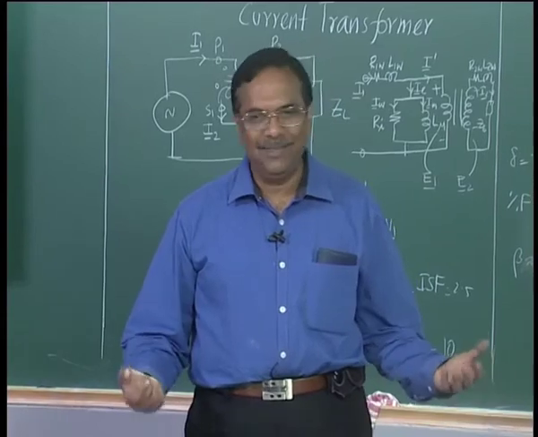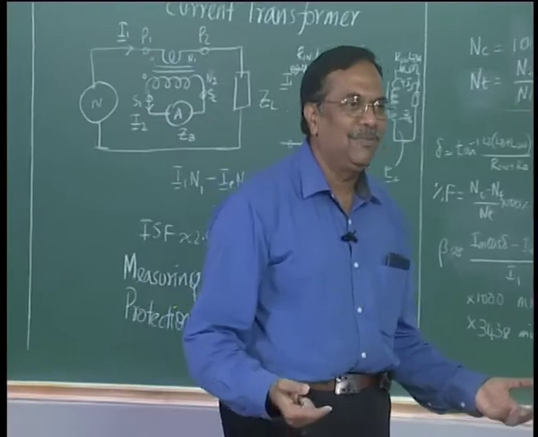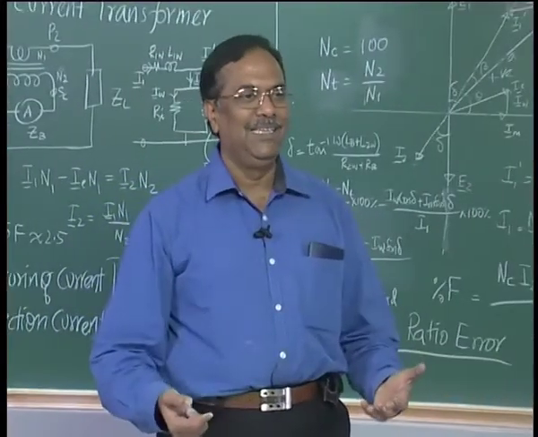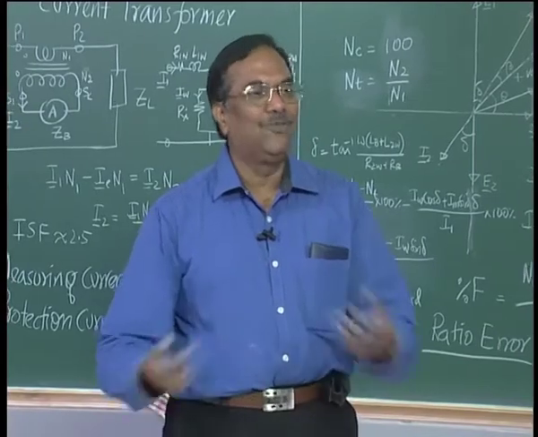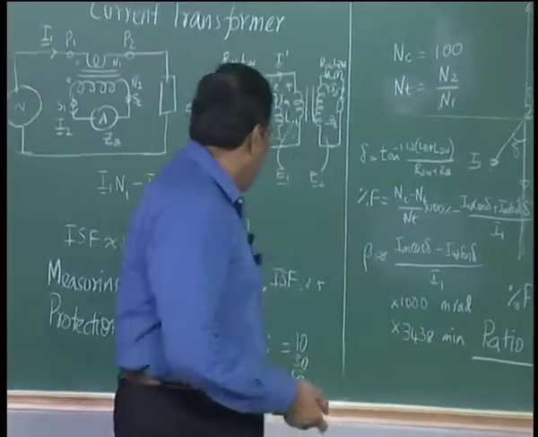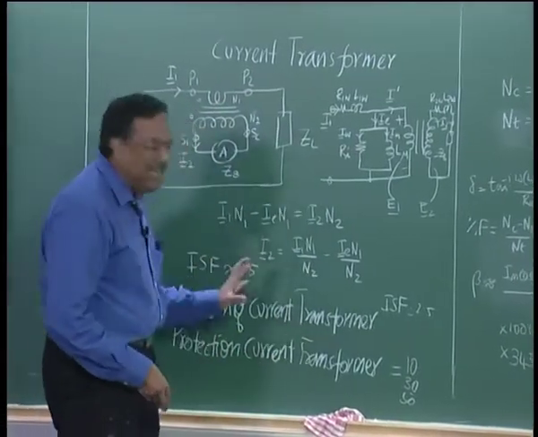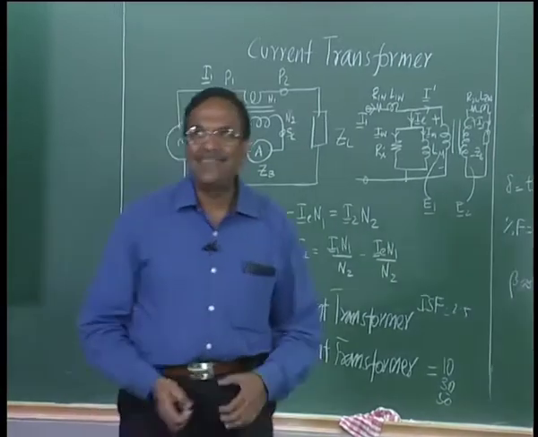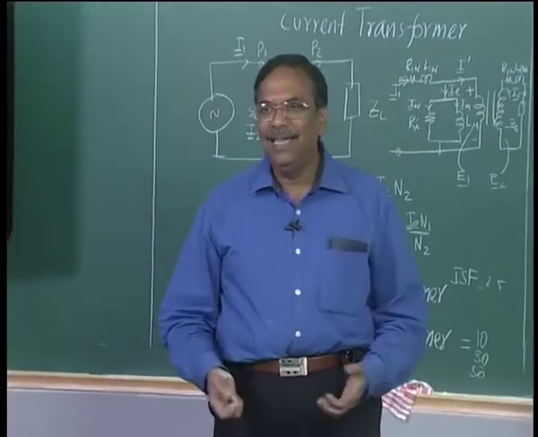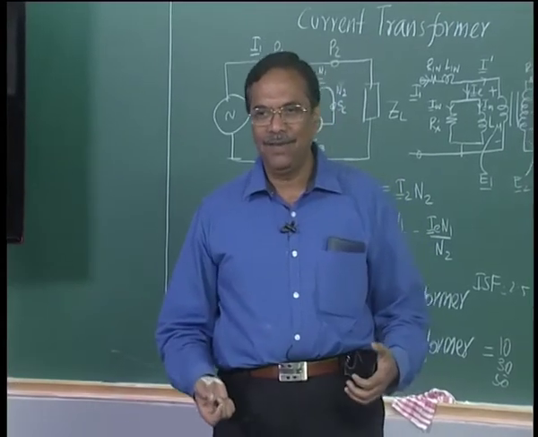As I told you, when it is 10,000 amperes, I do not care whether my current transformer measures it as 10,000 or 9,000. Anyway it is 100 times more than nominal current, I will switch it off. So the errors of a protection current transformer design would be quite large. 10%, 20% error is acceptable in a protection type current transformer.